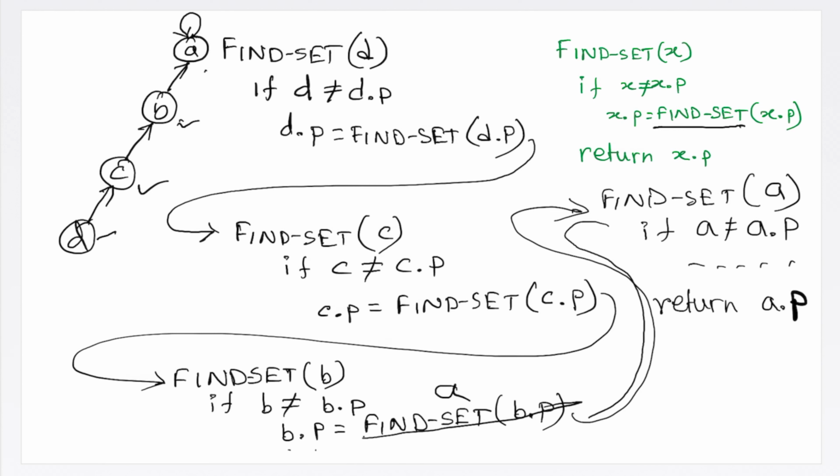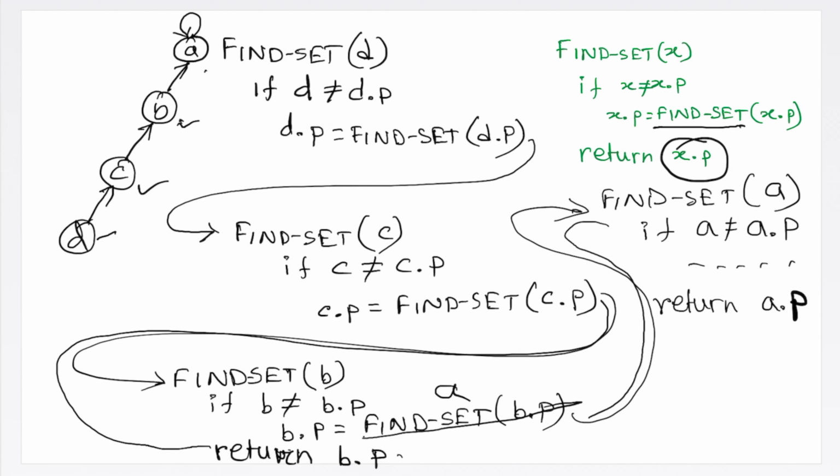So b dot p, that means the parent of b will be a, which already is, but we are reassigning this. So now here we are saying return x dot p, which is b dot p. Again, notice that b dot p is actually a. Therefore, from here we are returning a in this part.